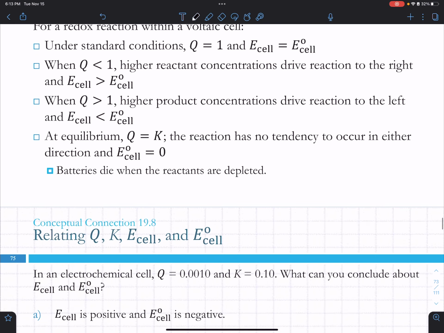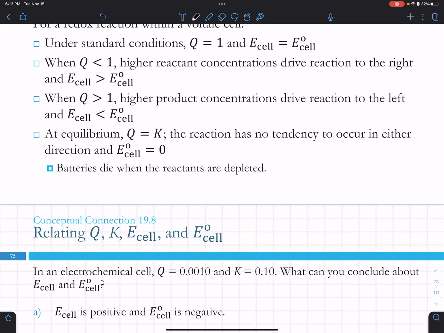I think that might be, I think that's a typo, actually.